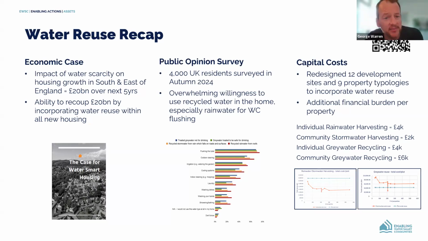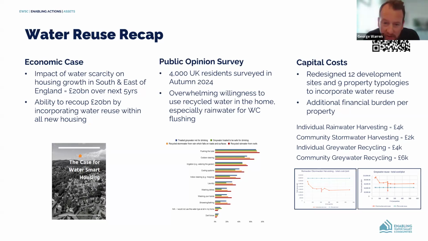Apologies for that. And yet, if we were to deliver those new houses to incorporate water reuse, we could recoup the best part of 20 billion of that, making an economic case for us to incorporate reuse, I would hope.